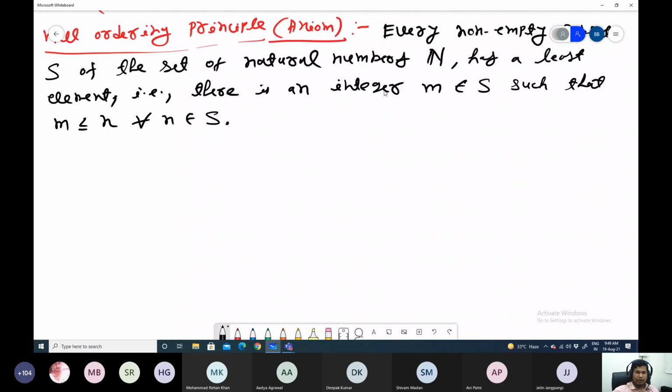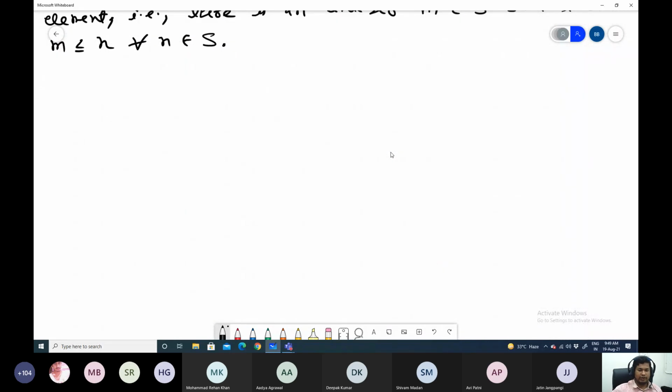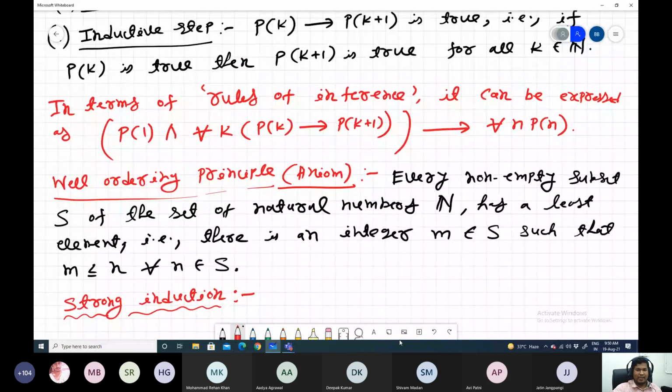Now before going to that proof, we have another term called strong induction. Strong induction is just a strong version of mathematical induction.